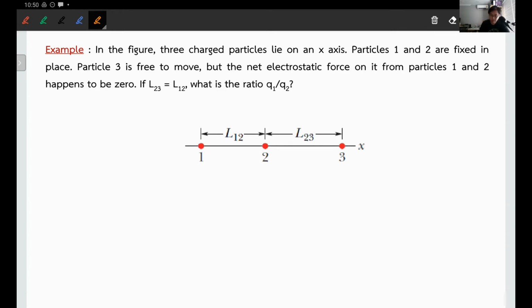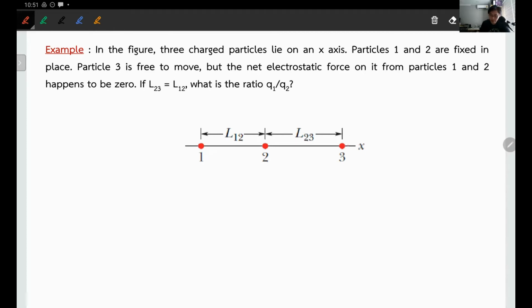First of all, that means the force on particle number 3 must be 0, or the field on charge number 3 is 0. You guys with me? Doesn't matter whether you get to the force or to the field, they must give you the same thing. So let's assume that charge number 1 is interacting with charge number 3.